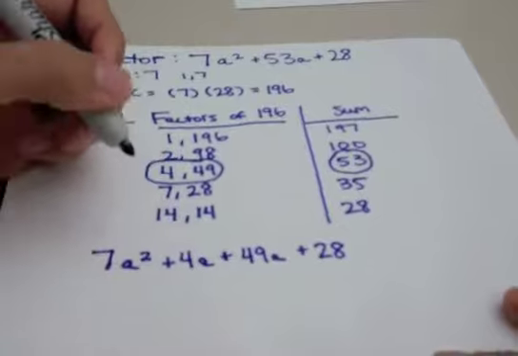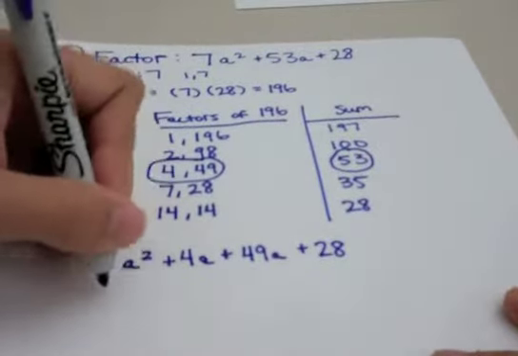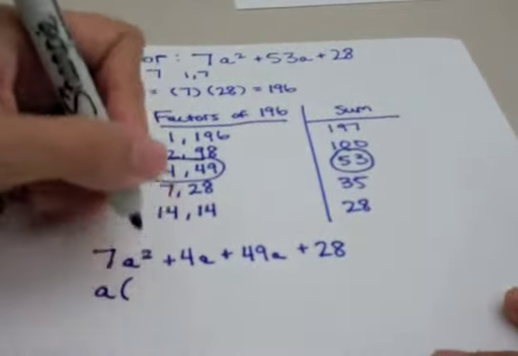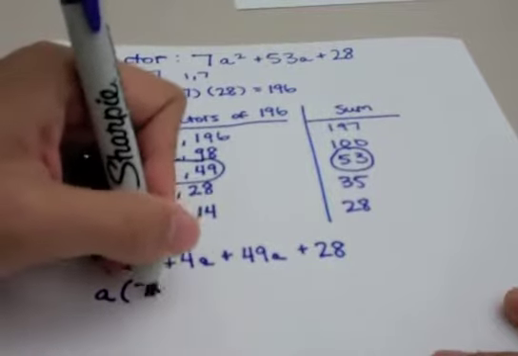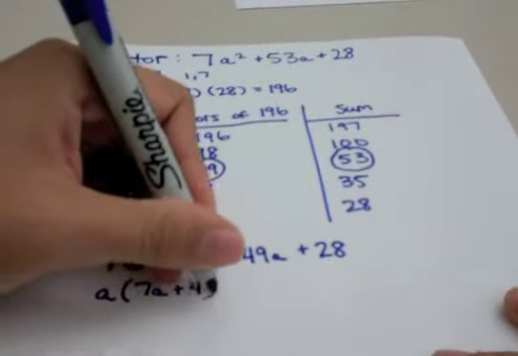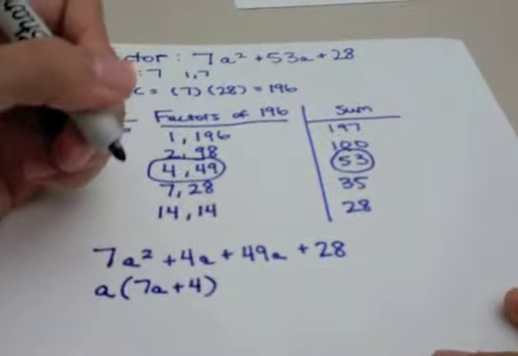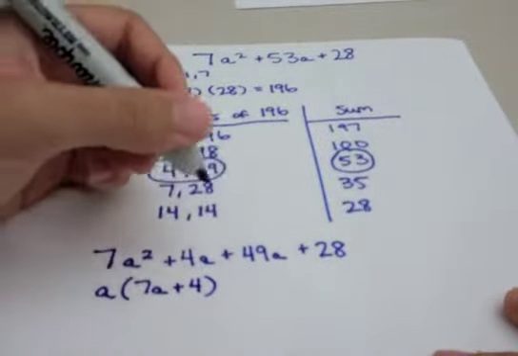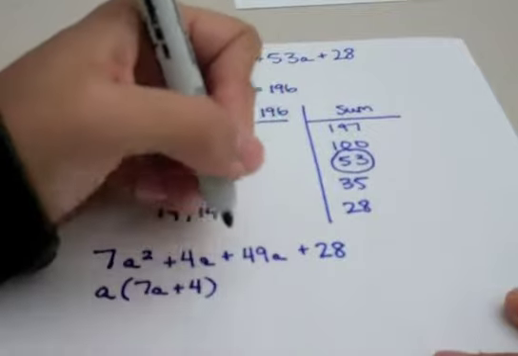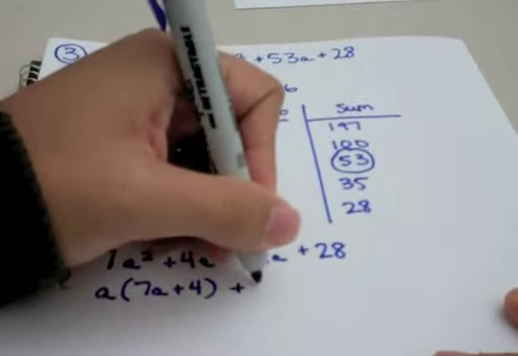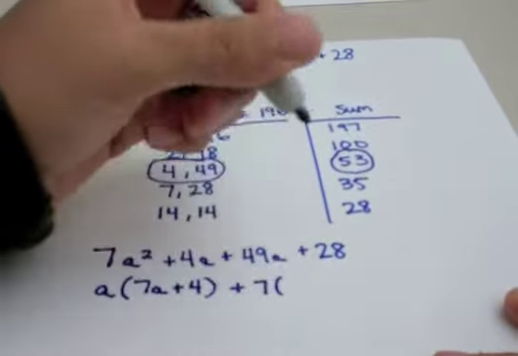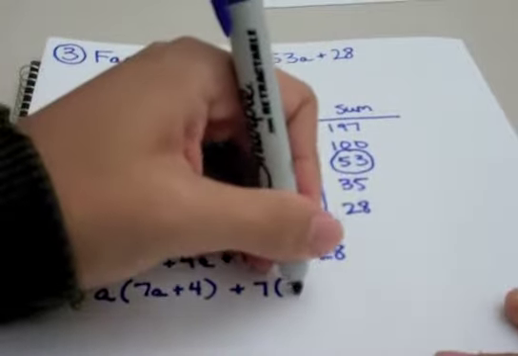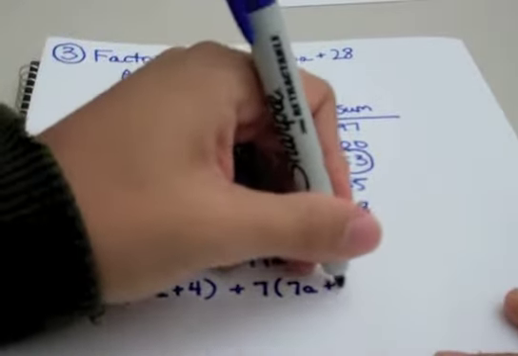So let's factor. I can factor an a out of here, and I'm left with 7a plus 4. And it looks like I can factor a 7 out of here, which is going to leave me with 7a plus 4.